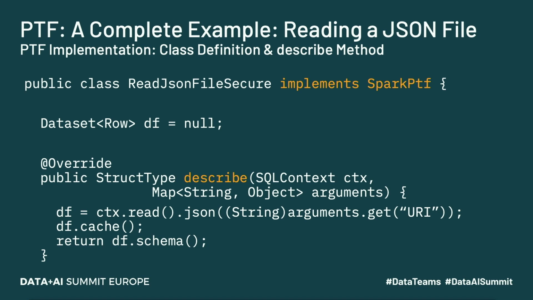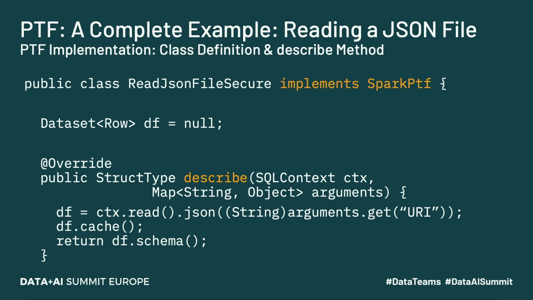And what we are doing in the describe function, we see that we have two arguments. We get a SQL context CTX, and we have a map arguments. The arguments are the arguments we just passed to that call of the polymorphic table function.